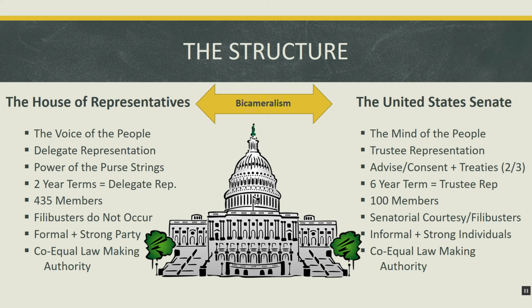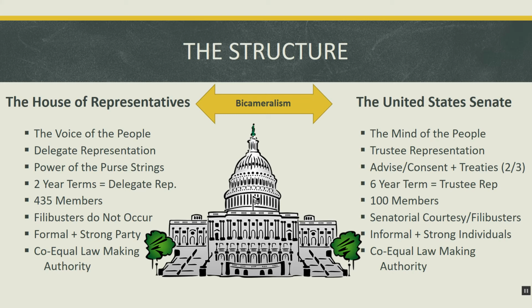And so the Senate is sometimes called the mind of the people because it's less responsive to our wants and more cerebral. It tends to try and think strategically, and it tends to attract more experienced statesmen and stateswomen who are less interested in the politics and more interested in the policy of governing a country.